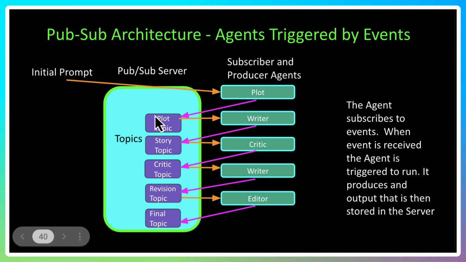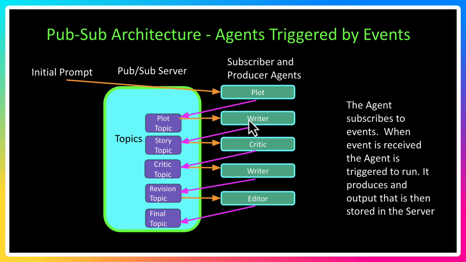So we're going to have a plot topic, and what's going to happen is we'll have an initial prompt that comes in that runs the plot agent that produces the plot topic. So the plot agent here writes to the plot topic.